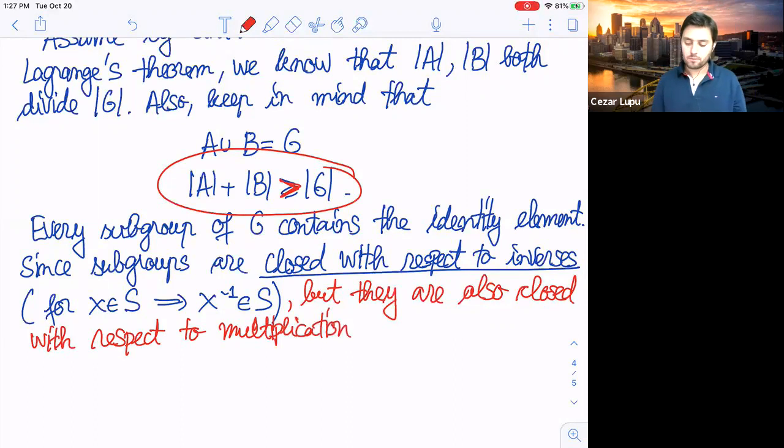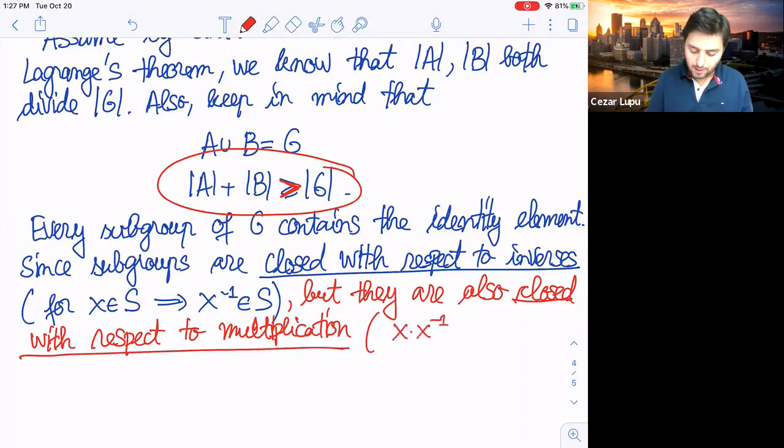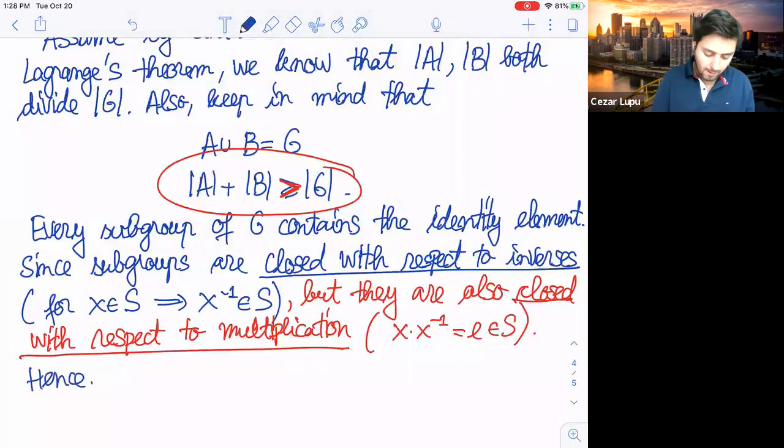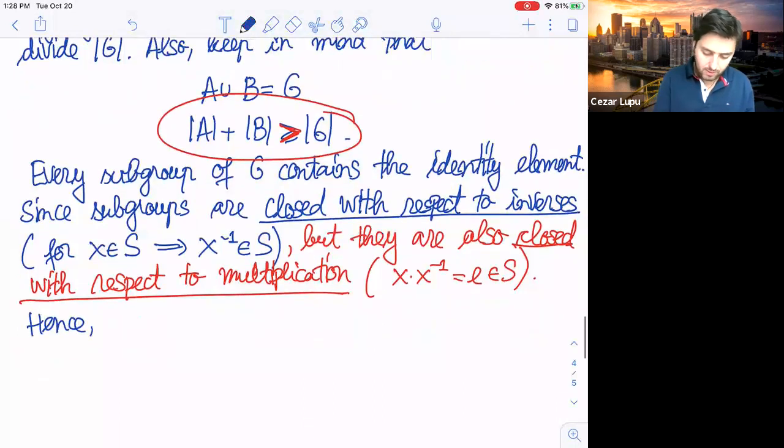So this means that x times x inverse is the identity, which is in S. So this implies what? Hence, we have this inequality, the order of A plus the order of B is greater or equal than the order of G plus 1.